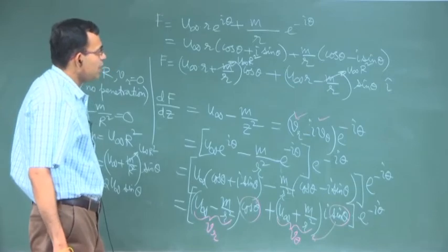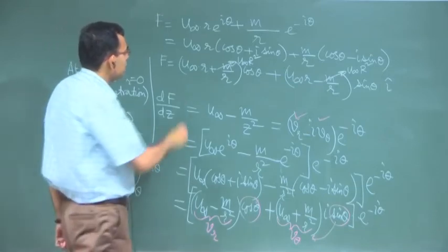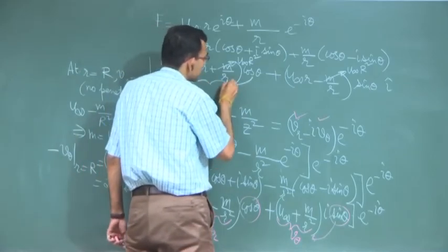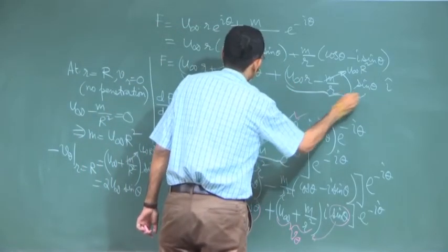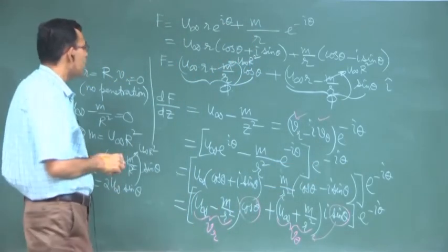So, first of all, this is phi, this is psi, right. So, when small r equal to capital R, let us draw the cylinder.